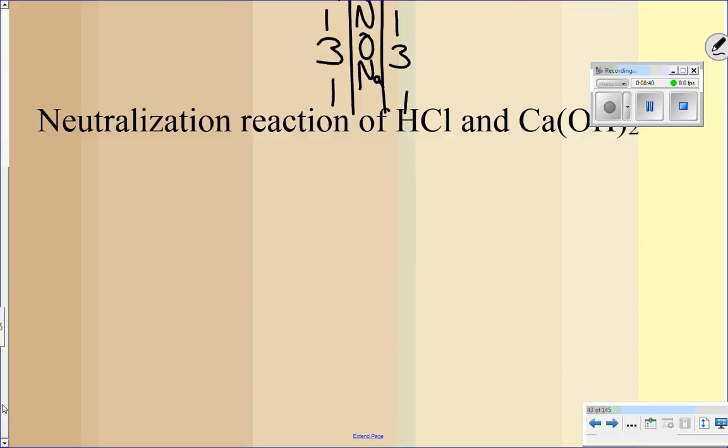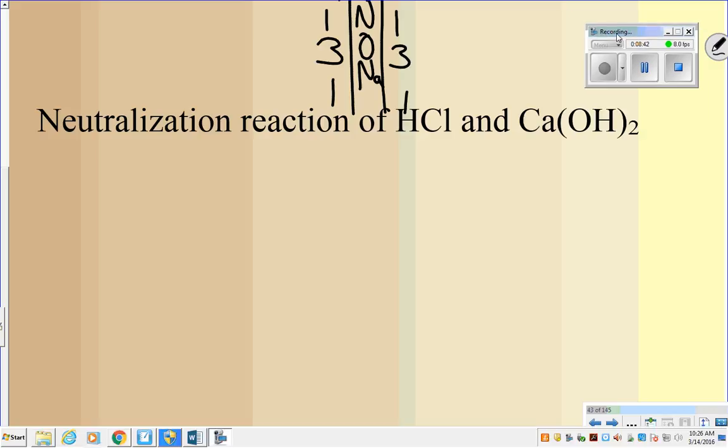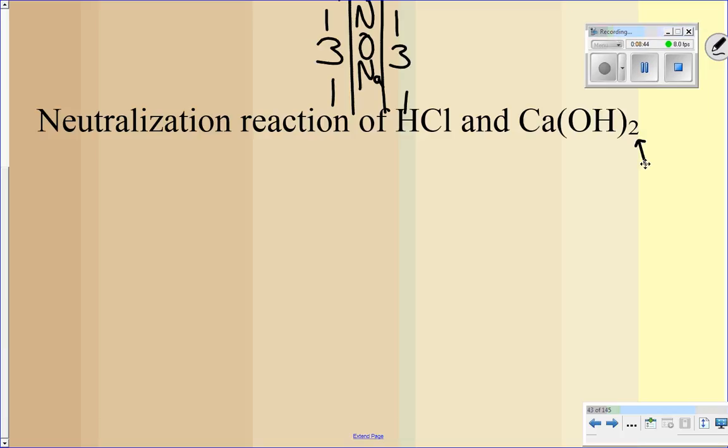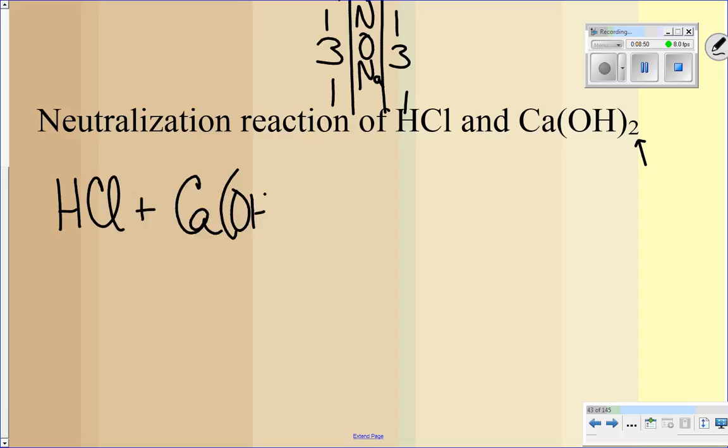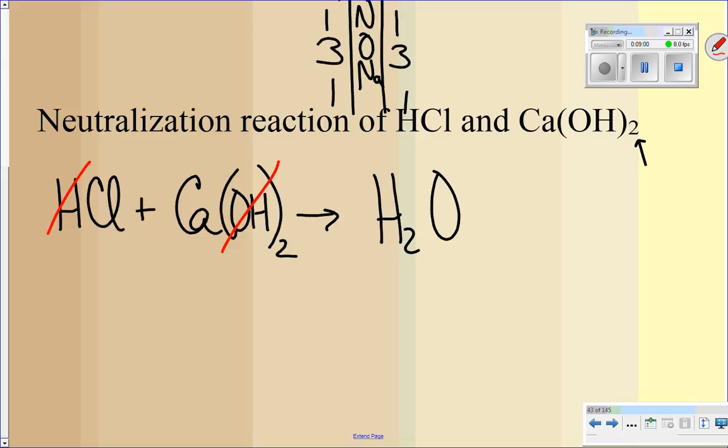Another example where I'm going to end up having a subscript that's going to cause me to need to do a little bit of balancing is when I react HCl with calcium hydroxide. Now I'm going to first go ahead and write my water. This water will be made up, oops, I'm sorry, I have a 2 there, of OHs and H's.